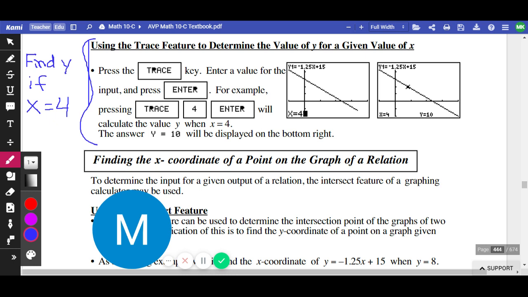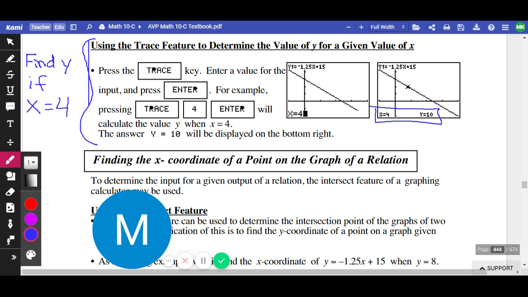And on the bottom of your screen, it'll now say this. And that is telling you when x equals 4, y equals 10. Input of 4, output of 10 for that equation. Really easy, right? Really quick. Really handy. So you could do another one, right? Try finding the y value when x equals 9. So if you want to find y when x equals 9, you would go trace, 9, enter.